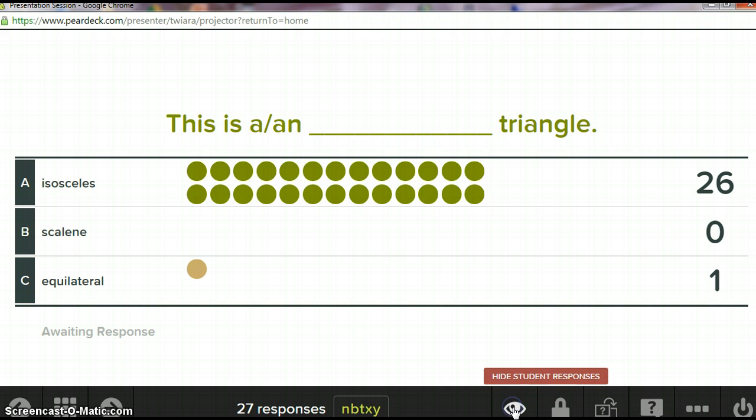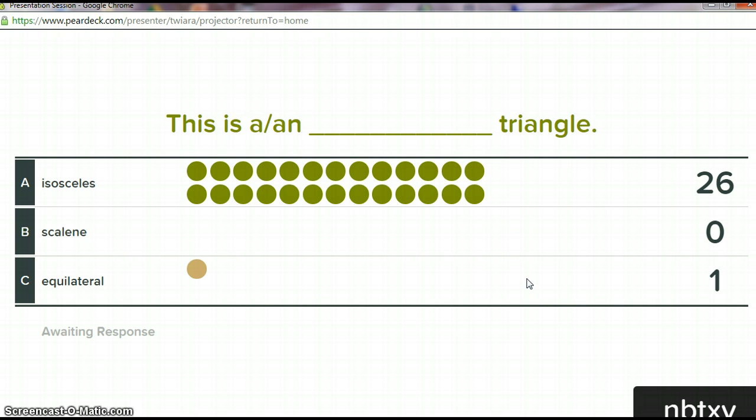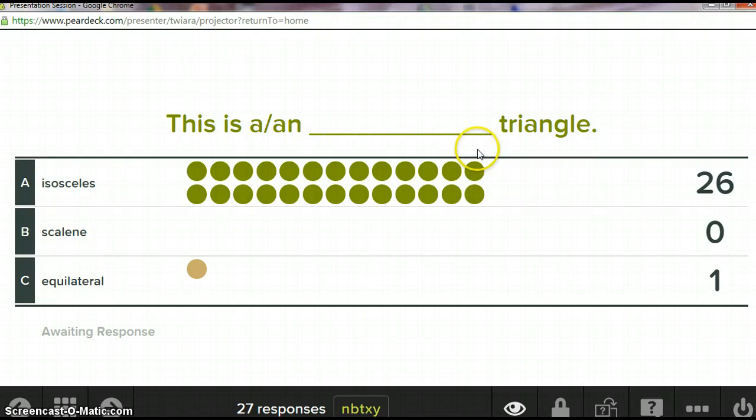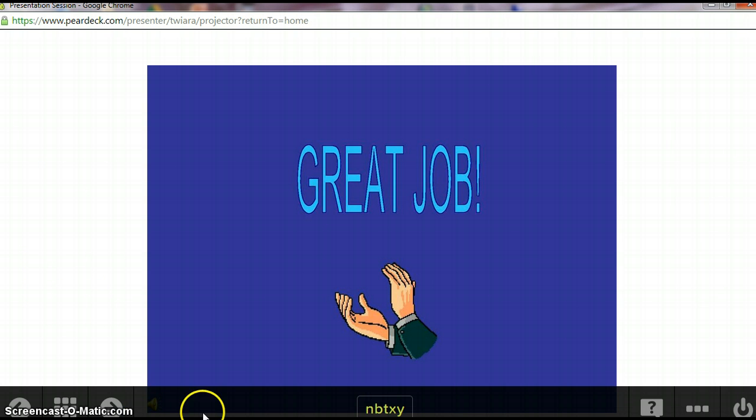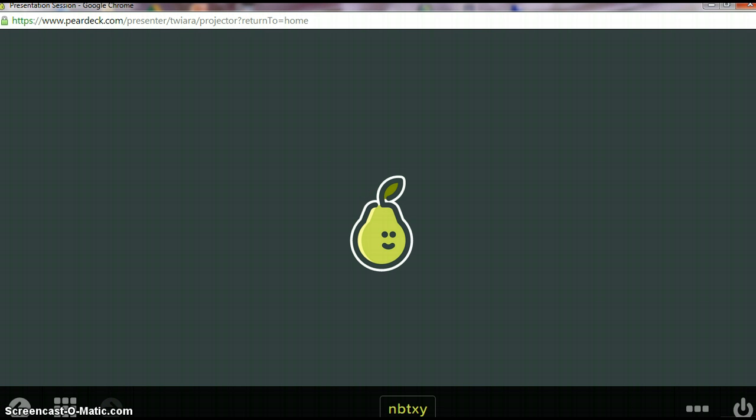Lock it and let's look. One person said equilateral. It can't be equilateral because on this one you could clearly see that two of the sides, two of the legs, were the same. One was not. It was an isosceles triangle. Okay. Pretty good job. I think that's the last one.